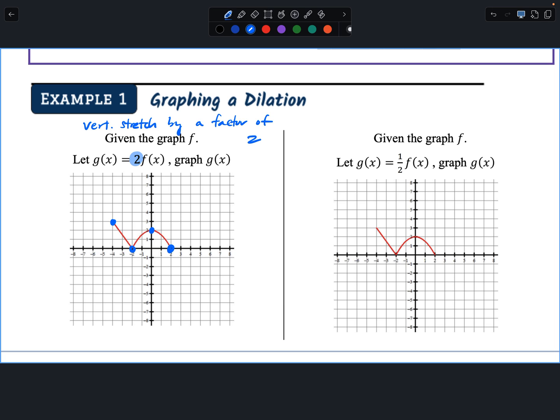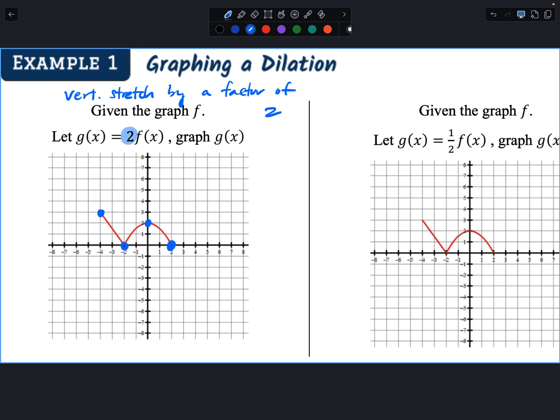If I pick this point, this point, this point, and this point, what I'm going to do is just look at how tall each of those points are, what's the y value, and then multiply it by 2. If I look at this first point right here, what's the y value of this point? 3. What's 3 times 2? 6. So I'm going to graph a new point where it's the same x value, but now it's going to be at 6. What's the y value here? 0, right? What's 0 times anything? 0, so that point is going to stay the same.